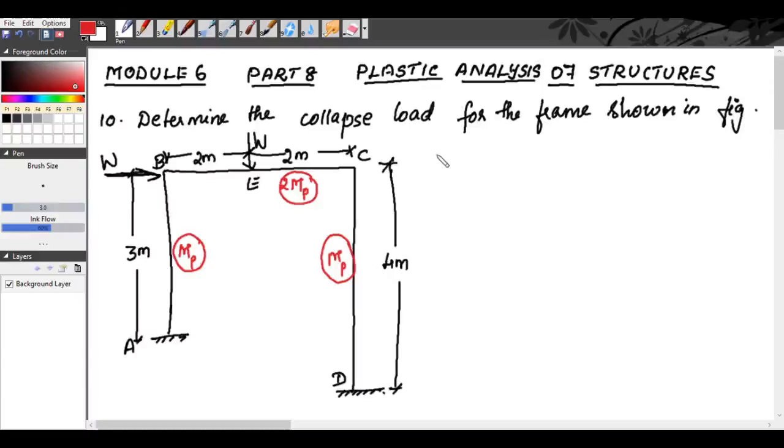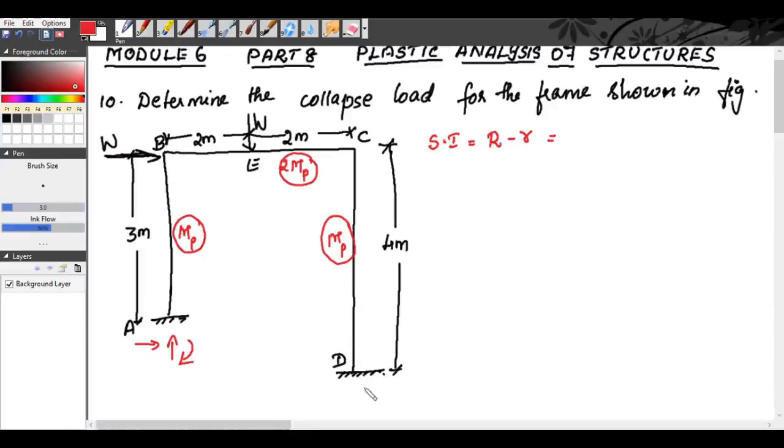As usual, our first step is finding the statical indeterminacy. So this is a frame. We know statical indeterminacy is equal to number of unknown reactions minus equilibrium equations. Here A is a fixed support, so we will have 3 unknown reactions: one horizontal reaction, one vertical reaction and a moment.